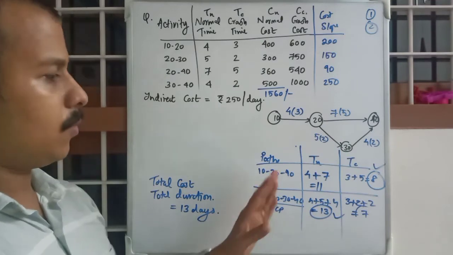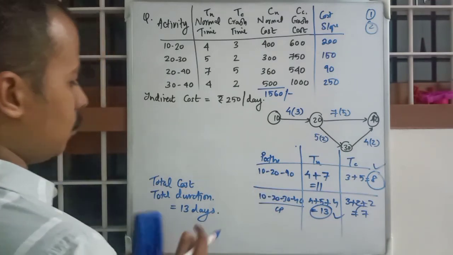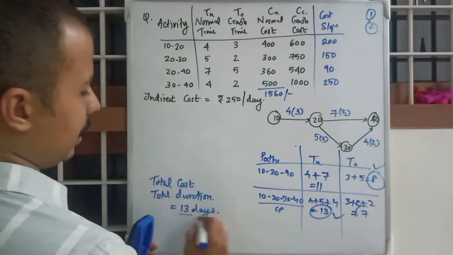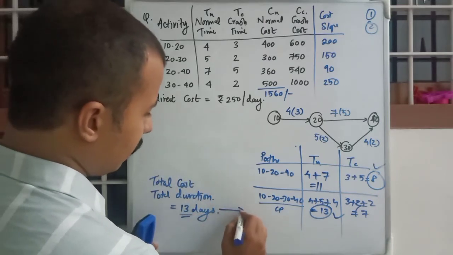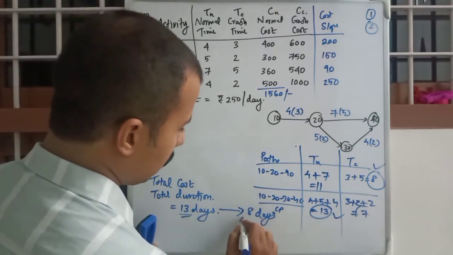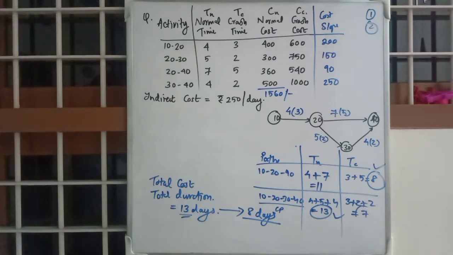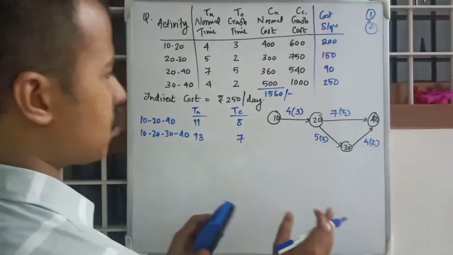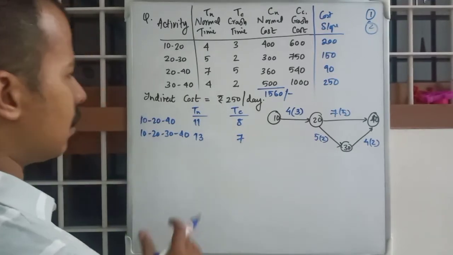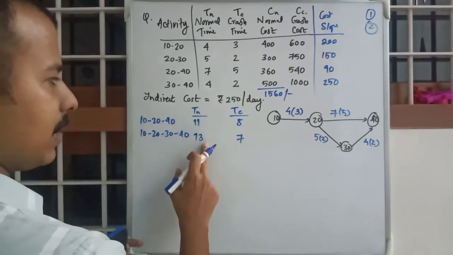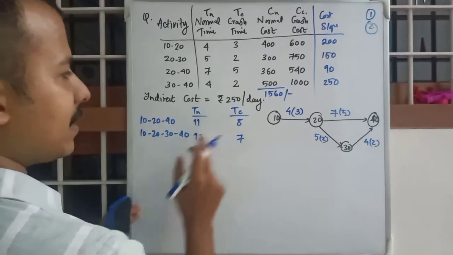Okay. So right now the normal duration is 13, and from 13 it can be reduced to 8 days. So I just simplified that table here. Part 1 and part 2, 11 and 13, 8 and 7.